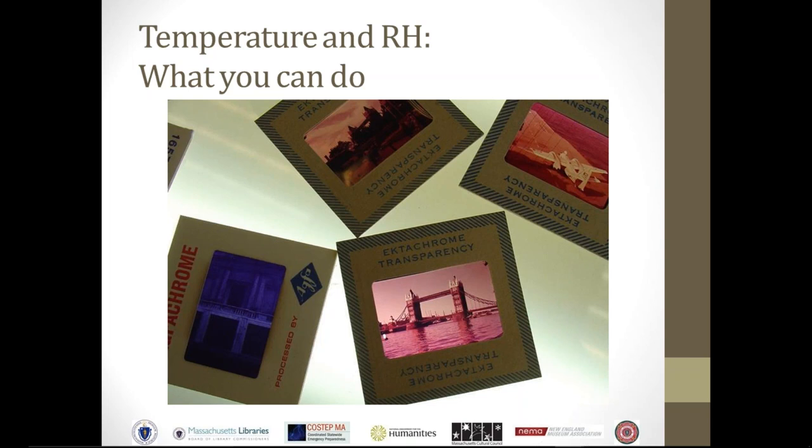And again, here education is an important thing. If you've got staff changing the temperature in their area because they don't want to put on a sweater, and then that turns around and changes the environment in the storage area and brings the temperature up to about 80 degrees, then you have a problem. So education can also help.